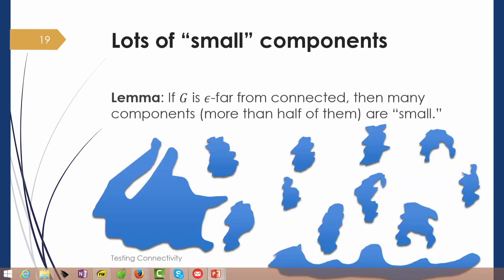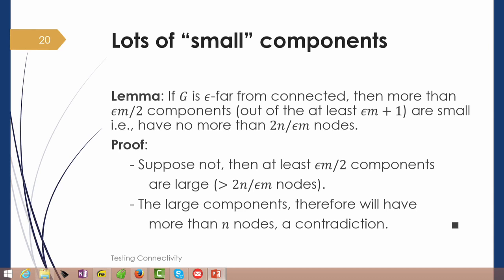Now that we know that a graph that is epsilon far from being connected has lots of components, we want to show that not only do we have lots of components, but moreover we have lots of small components. Let's be a bit more precise with what we want. If G is epsilon far from connected, then more than epsilon m by 2 components are small.